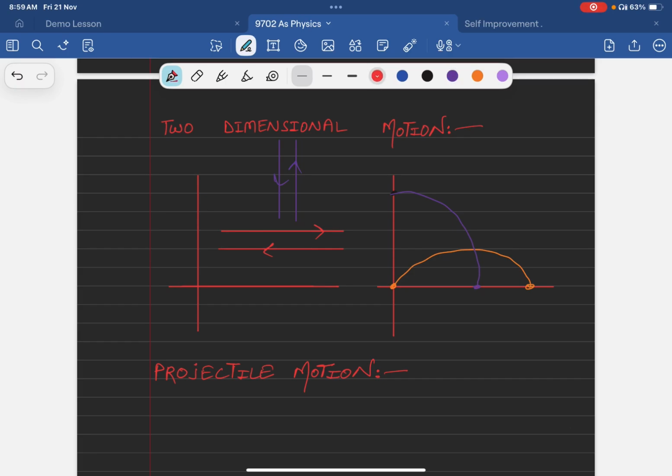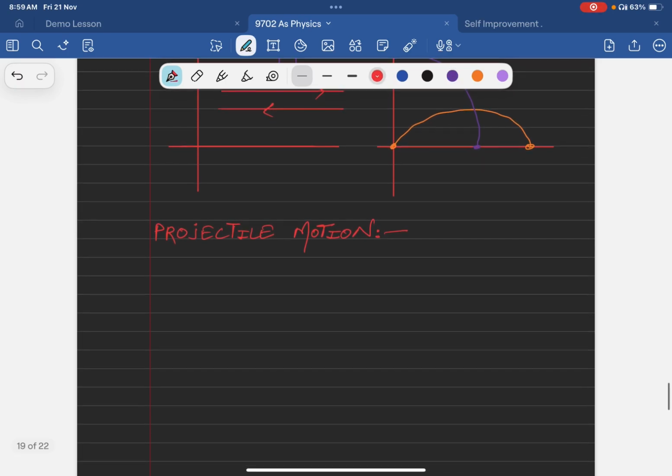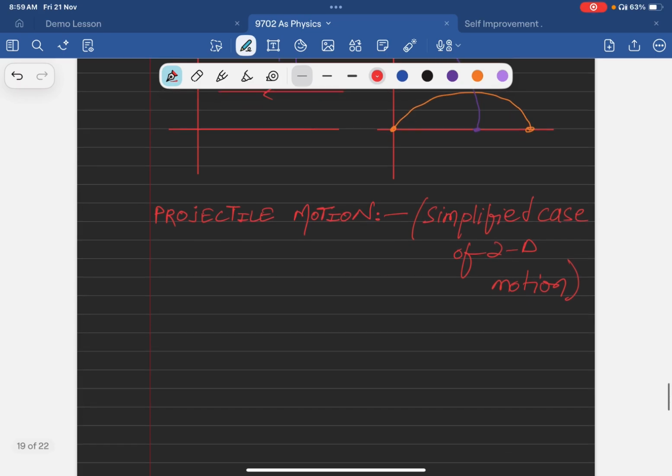Now we are going to understand projectile motion. Why have I discussed two-dimensional motion? Because projectile motion is a simplified case of 2D motion. The very first condition that projectile motion fulfills is that it is a two-dimensional motion.